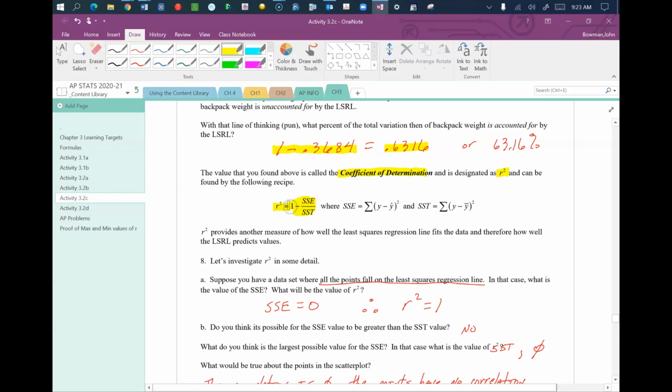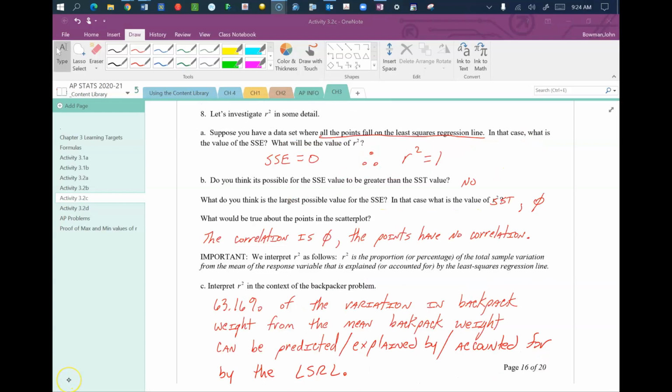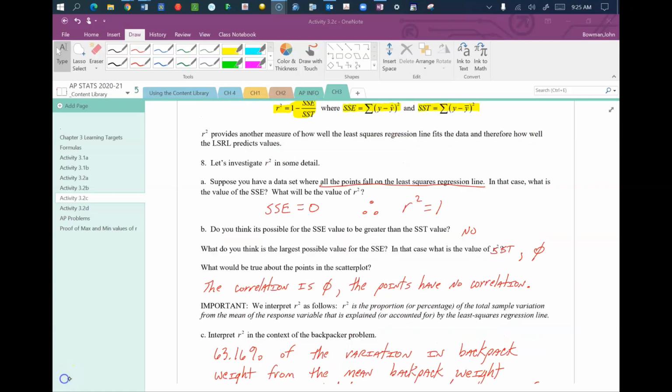R squared is equal to 1 minus SSE over SST, where SSE is the sum of the squared deviations from the line of best fit, also known as the sum of the squared residuals, and SST is the sum of the squared deviations from the average y value, also known as the sum of the squared totals. So you will have to commit that formula to memory. That formula is not on the formula sheet.